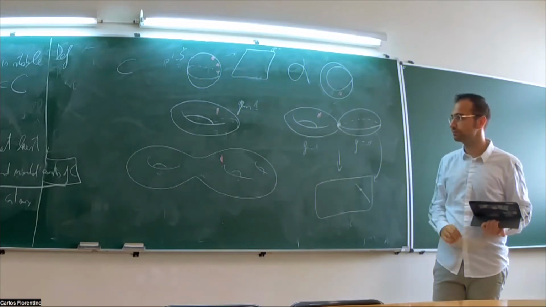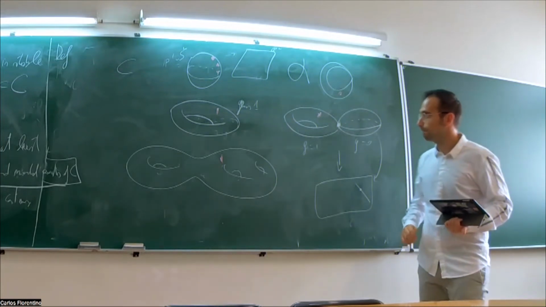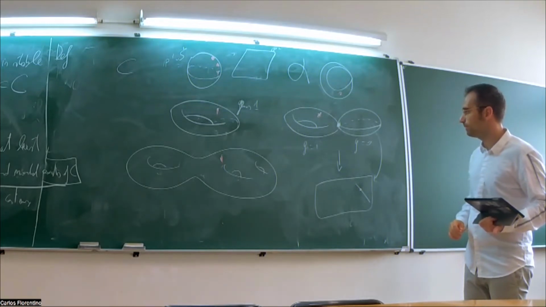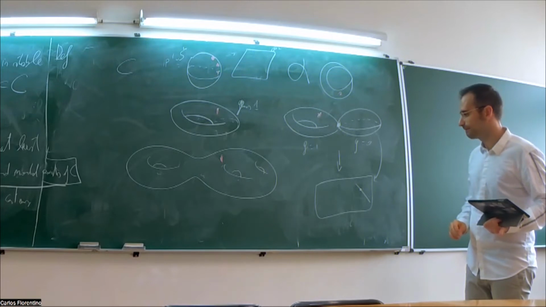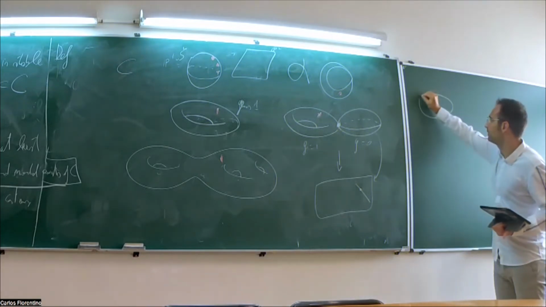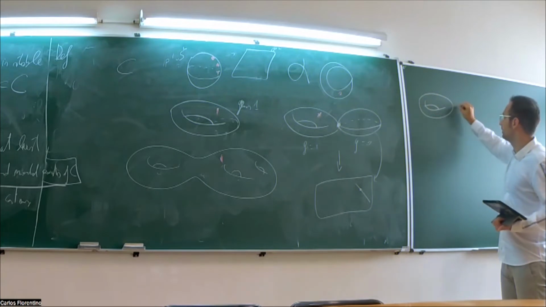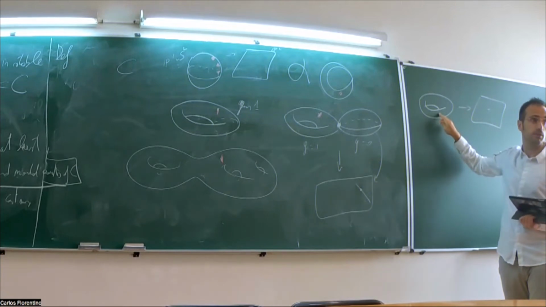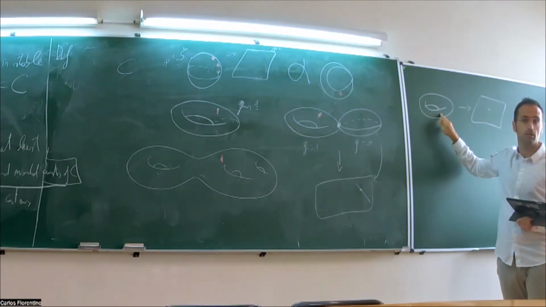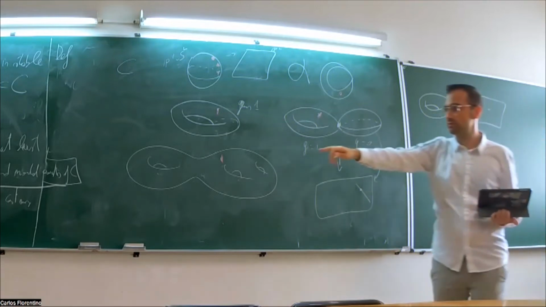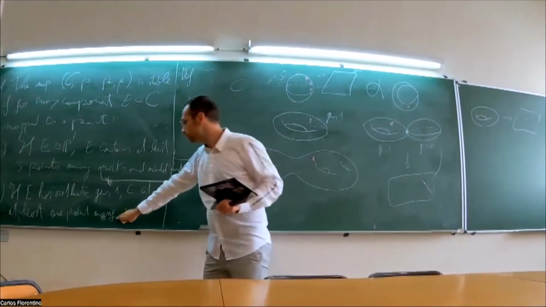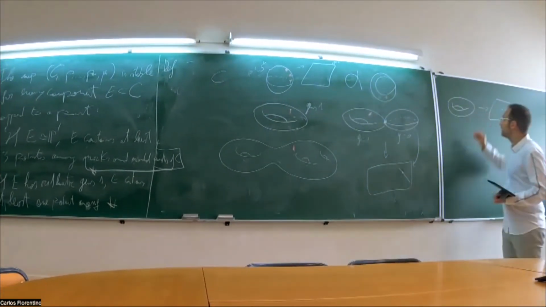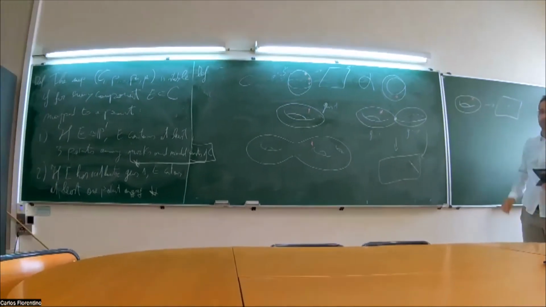If this is contracted and I have 0 marked points, this is not stable because I have 0 points among marks and nodal points. To have this stable, I need at least 1 marked point.